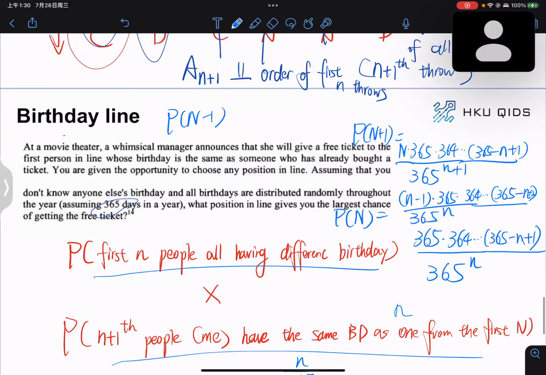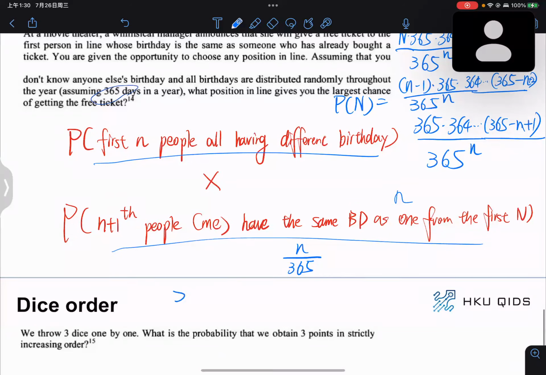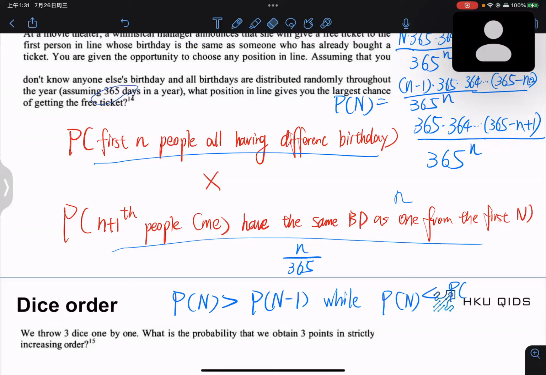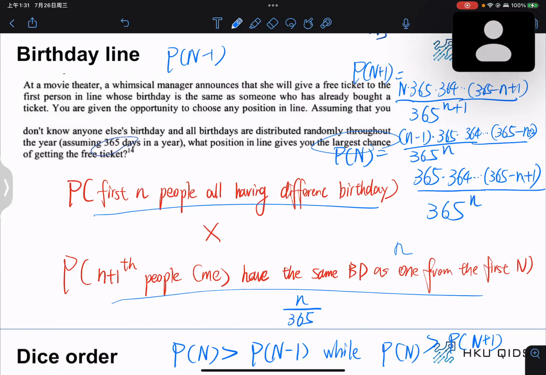And then we can require that the probability of n is larger than the probability of n minus 1, and also larger than the probability of n plus 1, because I'm trying to get the largest chance, so I want the maximum one.